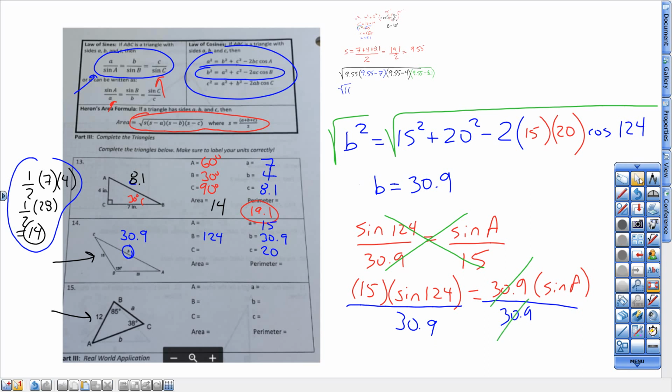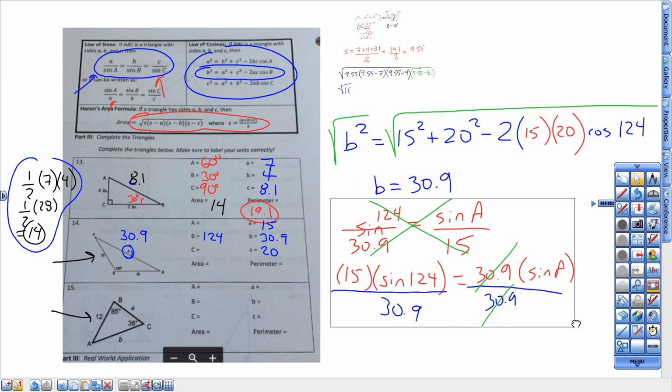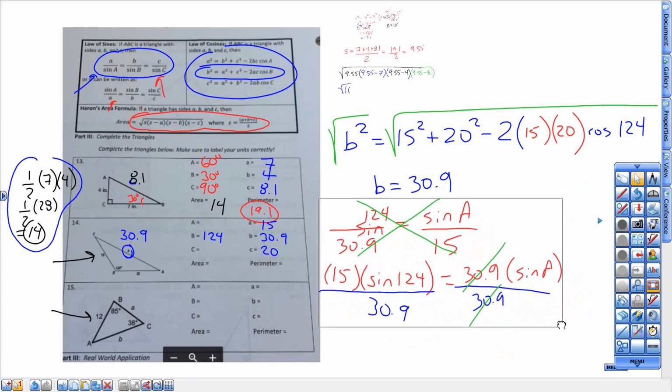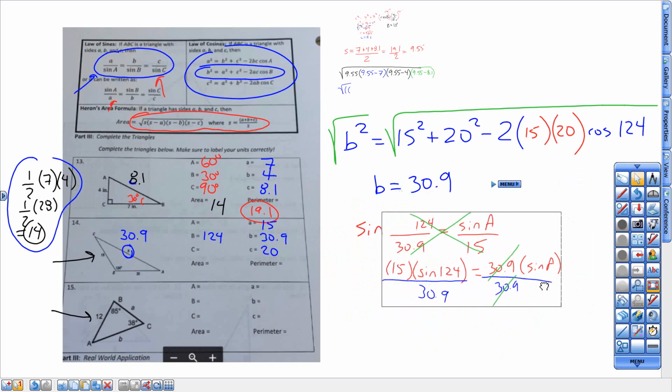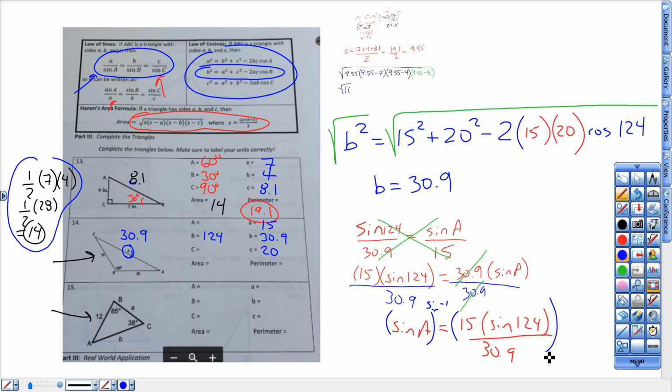So that gives me sine A equals that whole big old mess. And now you have to inverse sine that one. And that gives me angle A.